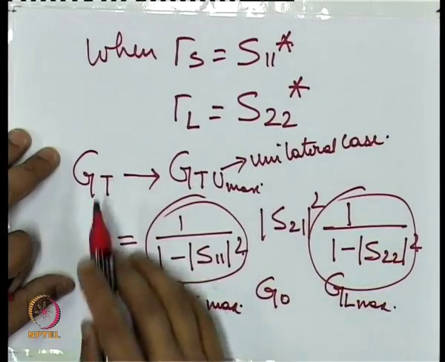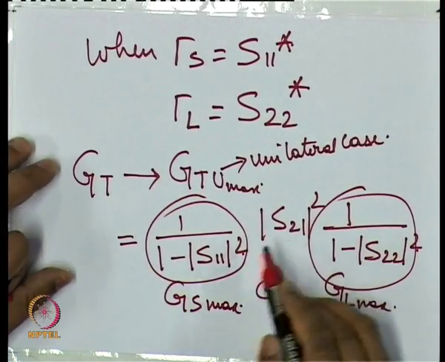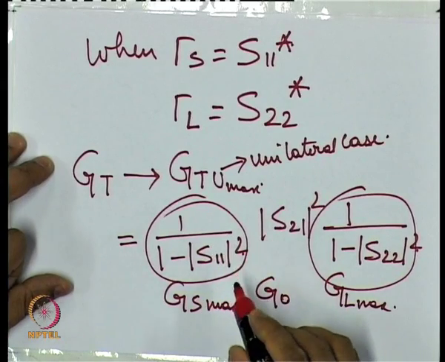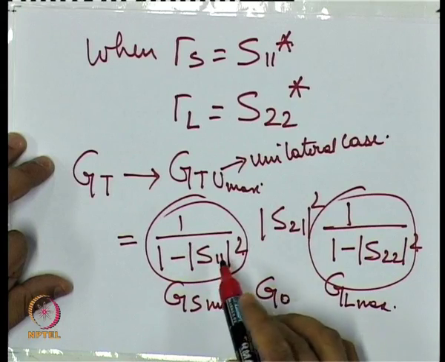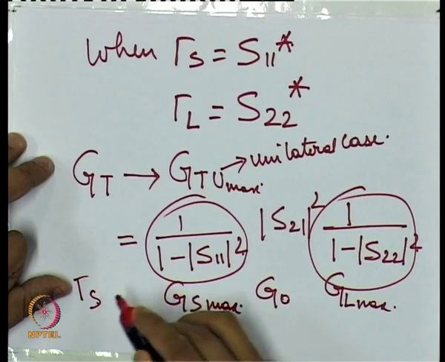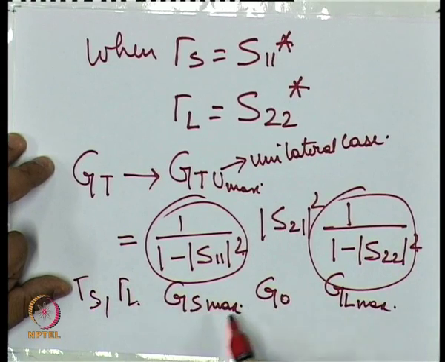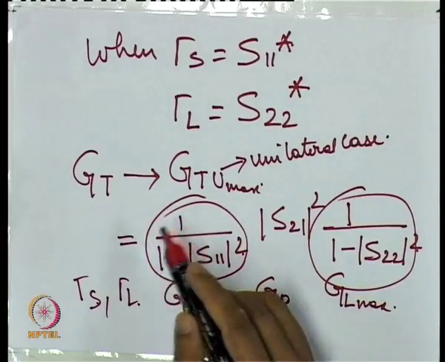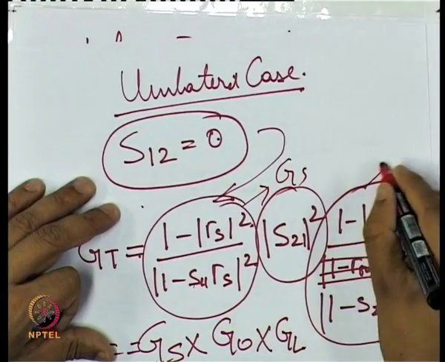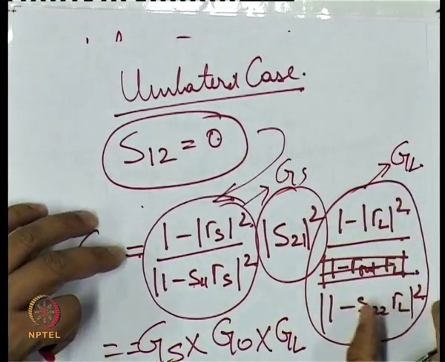So this is the unilateral design case, and as we shall see later when we discuss gain circles, the locus of gamma S or gamma L, which gives a constant value of this GS or GL, will be circles.